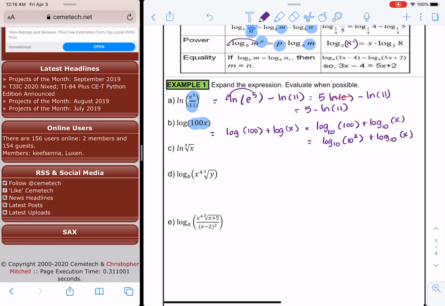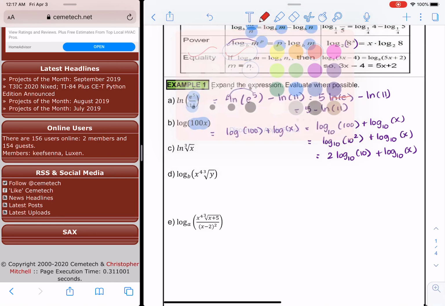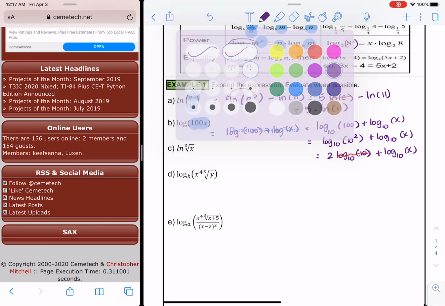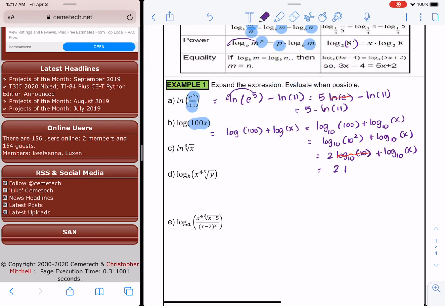So if we move the 2 to the front, we have 2 log base 10 of 10 plus log base 10 of x, and those two sort of disappear because of the properties of log, and the answer simply ends up being 2 plus log base 10 of x.